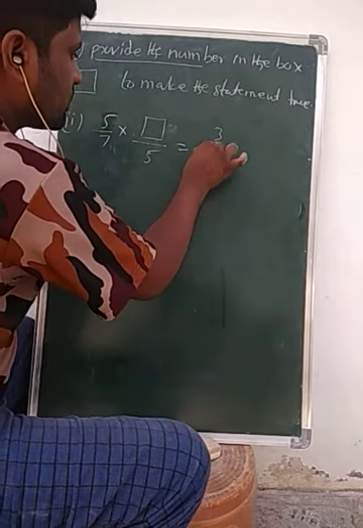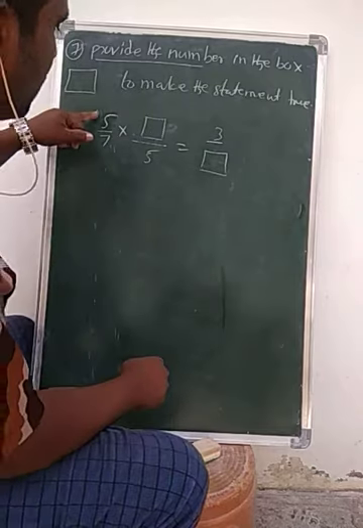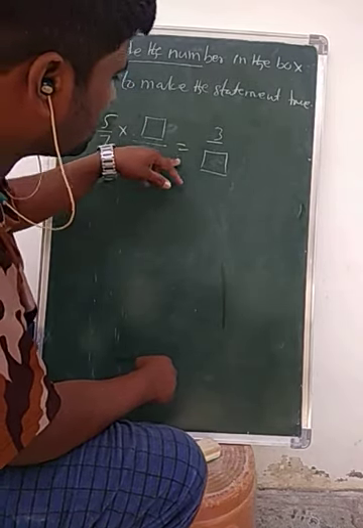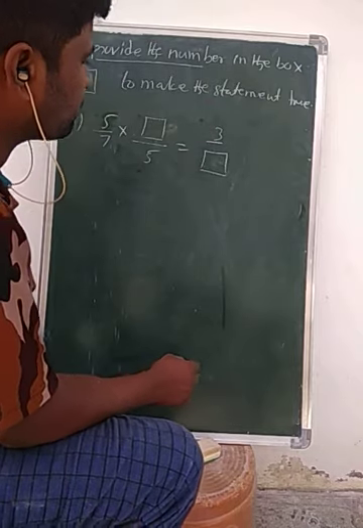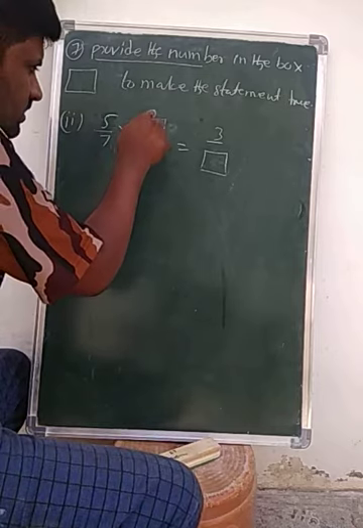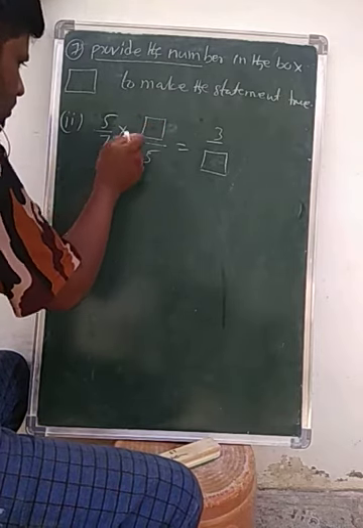So this is question number 2: 5 by 7 into the empty box, divided by 5, is equal to 3 by the empty box. Clearly, we don't know the number in the place of the empty box.